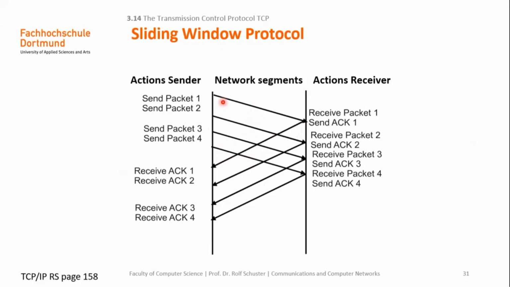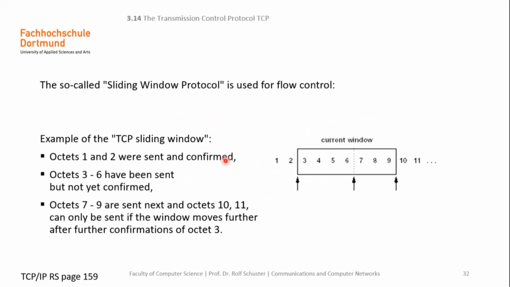For instance, in this case, we could transmit some data even if the first data transmitted is not yet confirmed with the acknowledgement. We will see some of those mechanisms in detail.